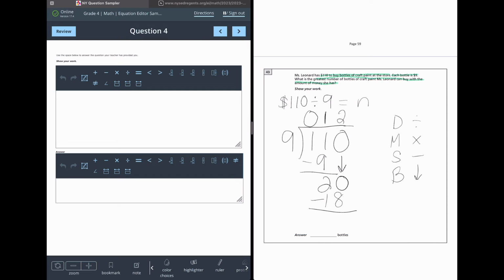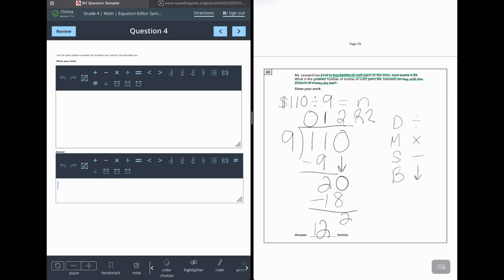Subtract, 2. And I don't have anything else to bring down, so I have 12 remainder 2. So I can buy 12 bottles, and I still have some money left over. I only have $2, but I need $9 to make another bottle. So I can have 12 bottles.